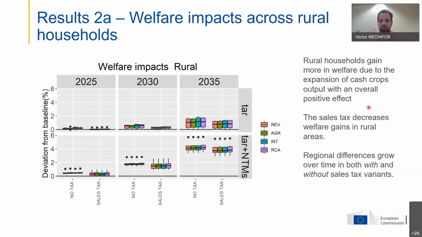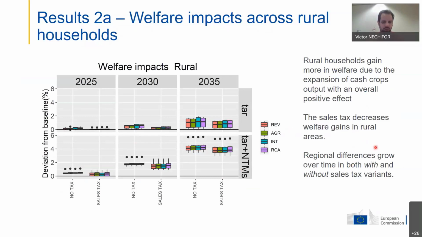And this expansion basically comes, as we will see, from higher trade of cash crops. And then moving on to the sales tax, the fiscal instrument, we see that there's a slight decrease in welfare gains.